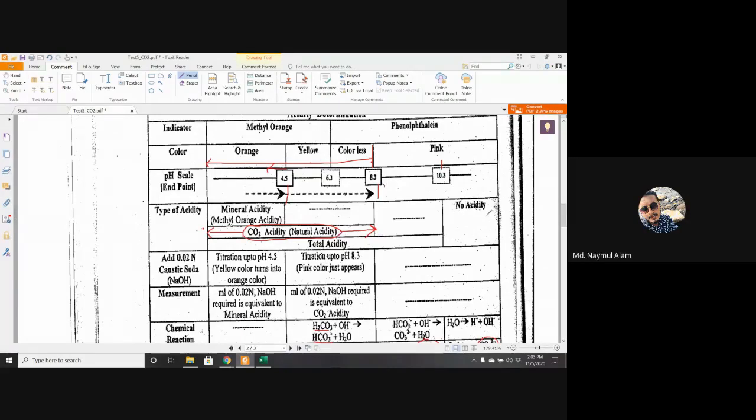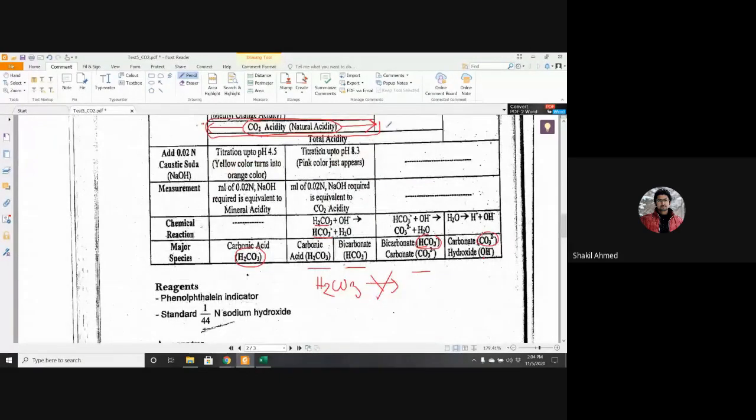Yes, sir. Okay. You may have further acidity between 8.3 and 10.3, but that's because of other species. From less than 8.3, this portion is basically called carbon dioxide acidity, and these are for this species, this species, and this species.